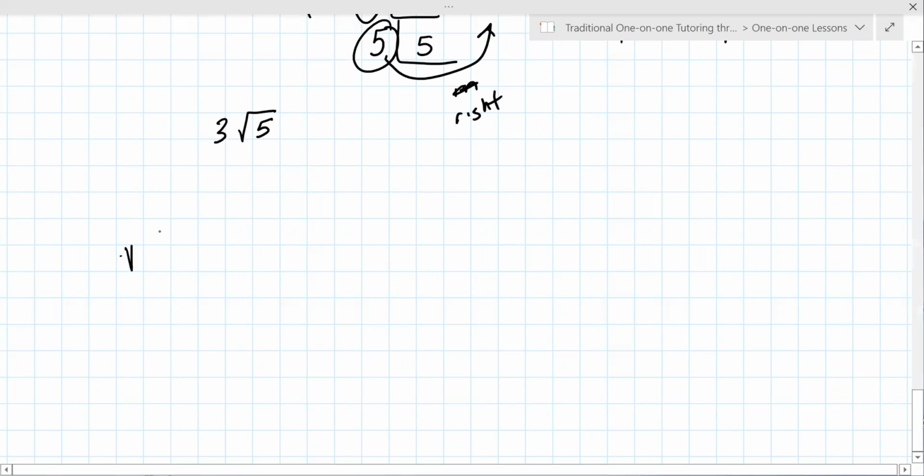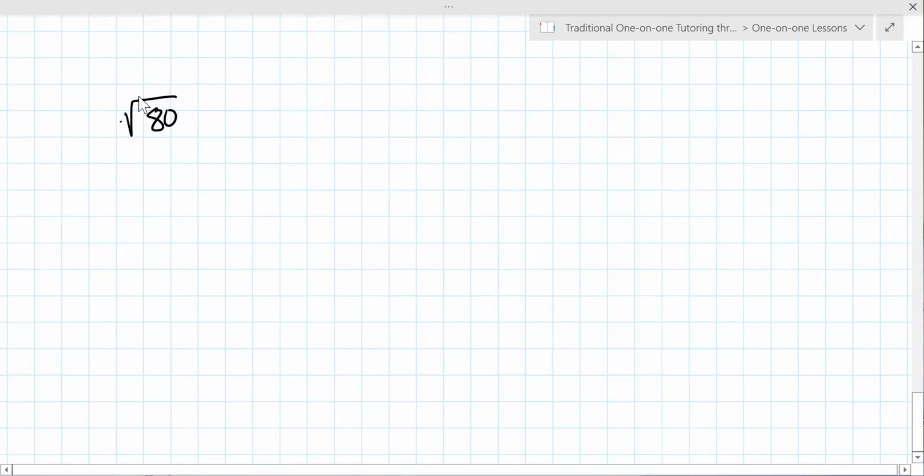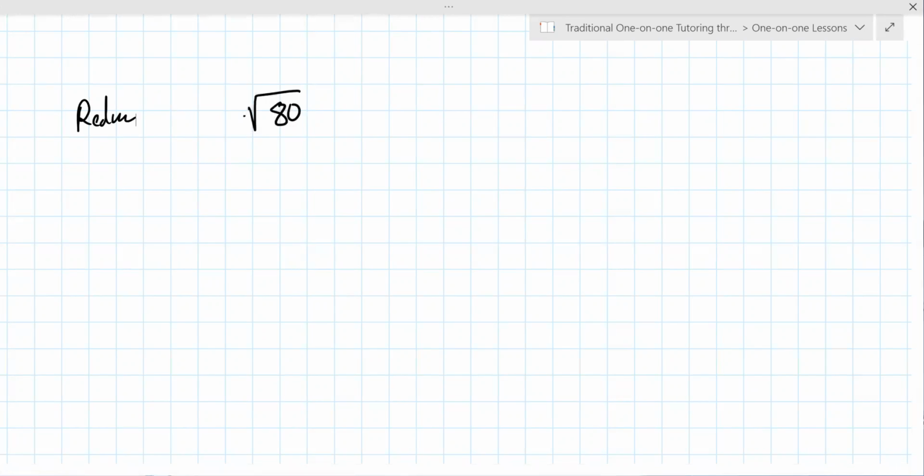Let's do the square root of 80. Try this one on your own. There's a lot of 2s.